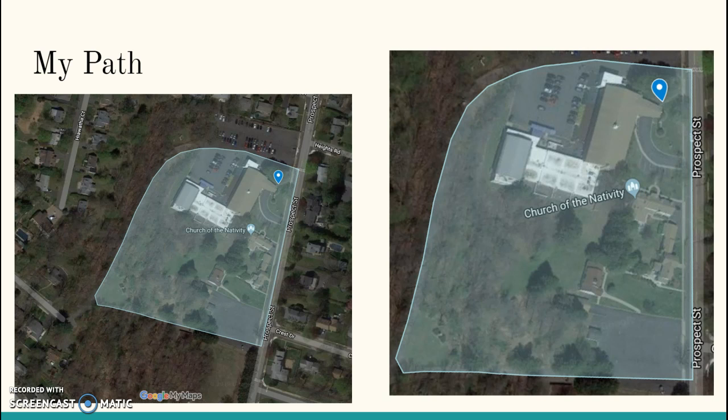So the path that I chose to trace out was a small little walking path around my church, and you can see it right there. It's pretty nice. This is the portion of the path that I'll be finding the length of, this little arc right here.